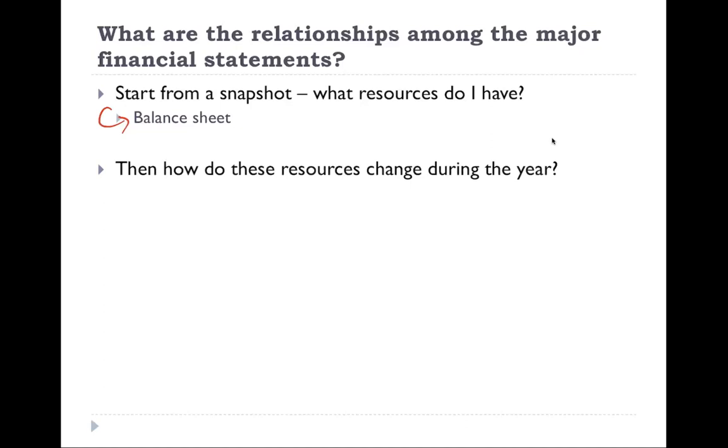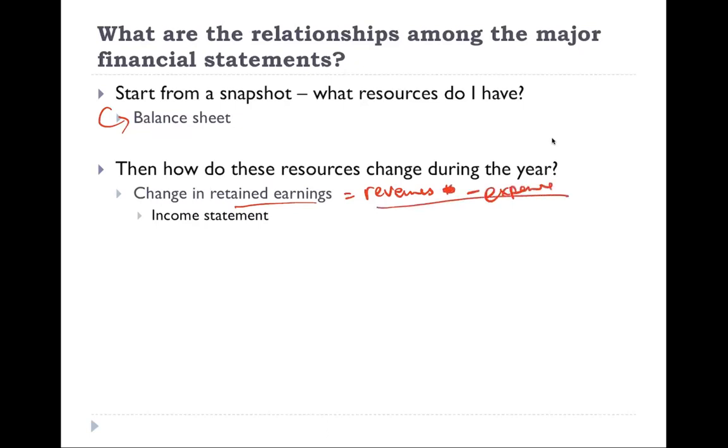Then you may ask, how do those resources change during the year? If you want to know how retained earnings change during the year, you look at the income statement, because retained earnings is the firm's revenues minus expenses, which is the firm's net income, and then minus dividends. Dividends are not reported on the income statement, but you see the firm's revenue and expense there.